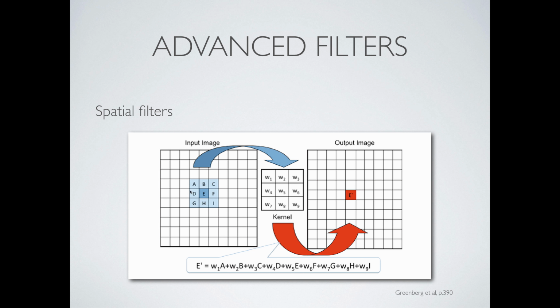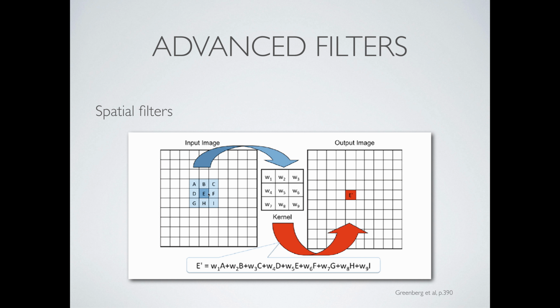What we have here is our input image on the left, our output image on the right, and we have a matrix of numbers which is called the kernel, spelt with a K. And the way we calculate how the value of an input pixel is transformed into an output pixel, we do some matrix maths in order to convert the value of an input pixel to the value of the output pixel.